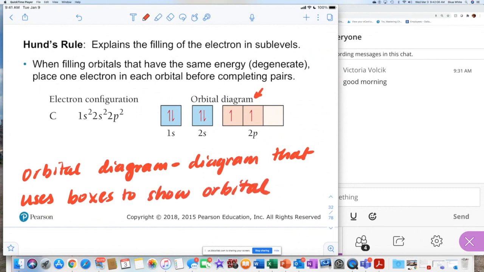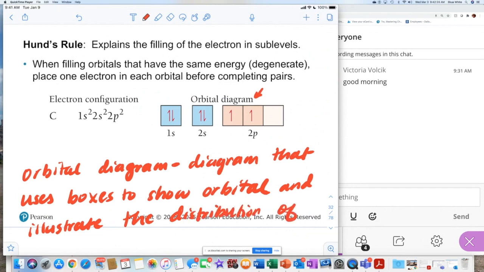Okay, so you're seeing the boxes that show or represent orbitals and illustrate the distribution of electrons.